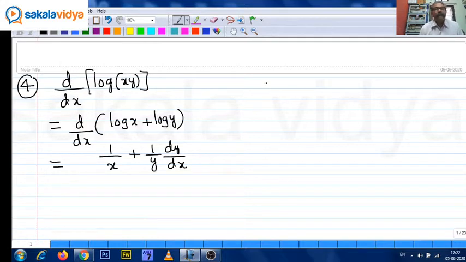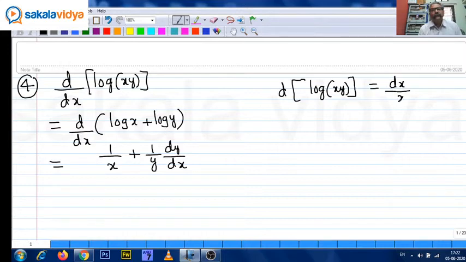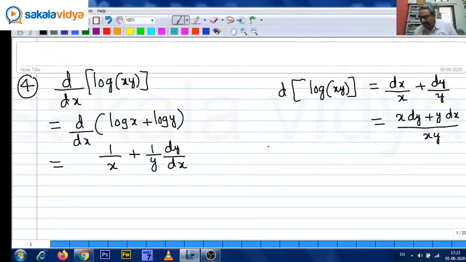What do you get here? d of log of xy equals dx by x plus dy by y, or we can write like this: x dy plus y dx upon xy. That can be replaced by d of log of xy. Okay.